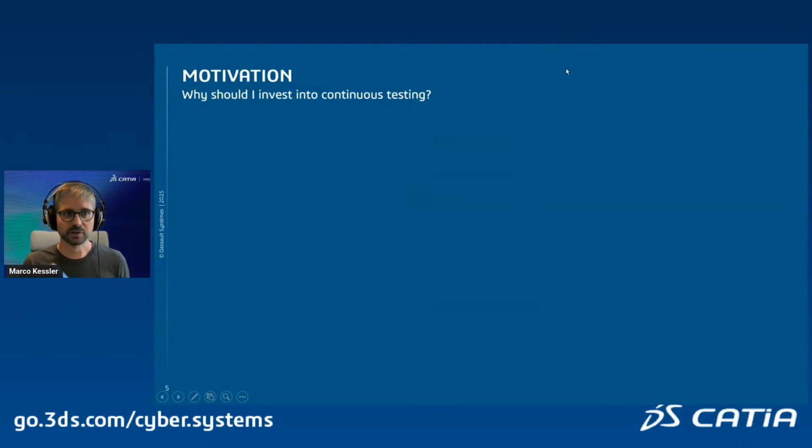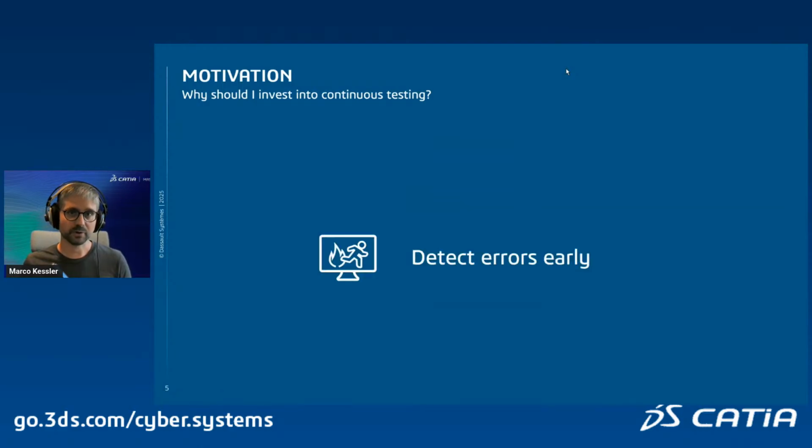So, motivation. Why should we invest in continuous testing? One of the most important aspects is that you want to detect errors early. If something goes wrong, so if you had a model which worked and it breaks, you want to detect this error on your machine and not let your users find the issue. So tests will help you to deliver high quality products to your customers.